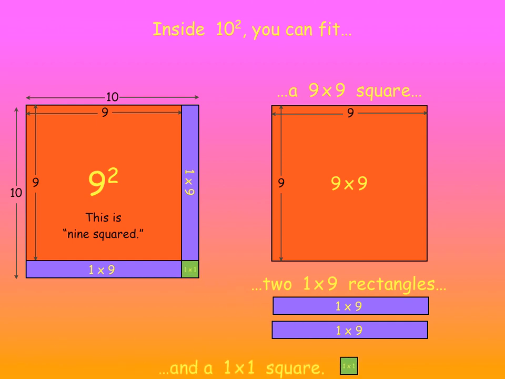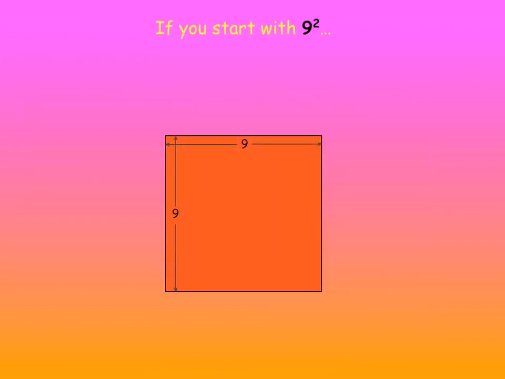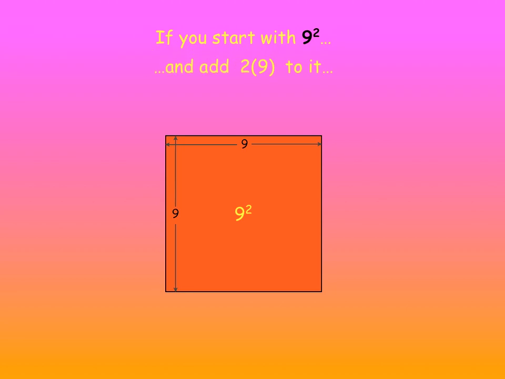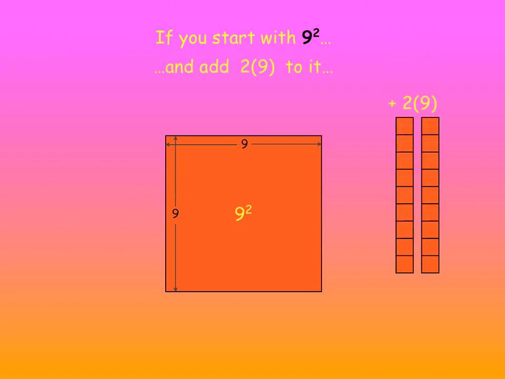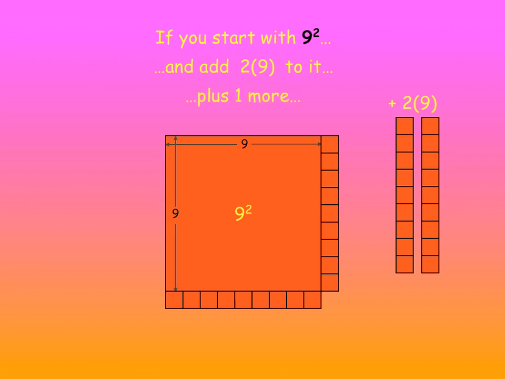That's just 1. If you start with 9 squared and add 2 times 9 to that, here's 2 times 9. Now let's add it on. Okay. And then add one more. You end up with 10 squared.